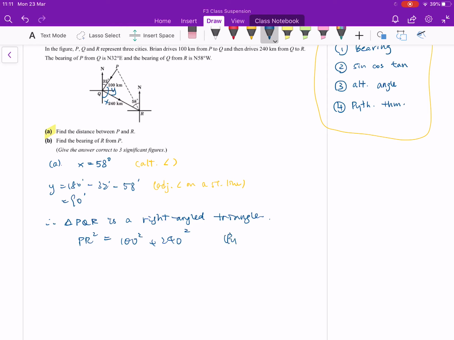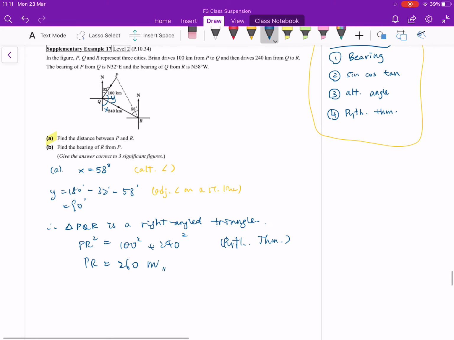This is Pythagoras theorem. I suggest you write down Pythagoras theorem here. And then by your calculator, the answer should be PR 260, exactly 260. So the distance between PR is 260 meter. So part A, like this.